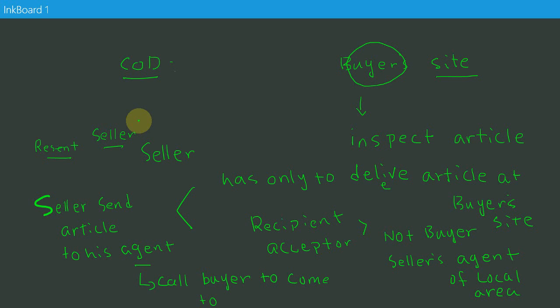In COD, the article is sent directly to the buyer's territory and the buyer inspects the truth of the article, but CAD is the contrary. The buyer, or the buyer's representative or agent, should visit the seller's site, inspect and check the documents, and pay after that.